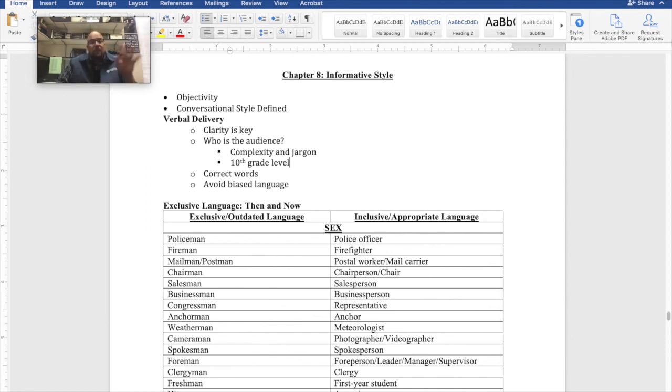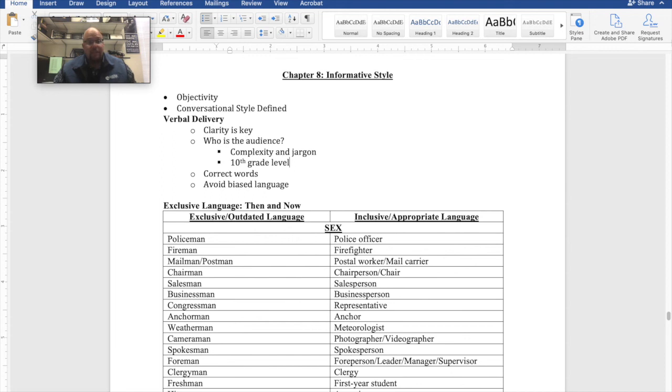So those are the two things to start with. Remain objective, don't persuade us by accident, and be conversational as much as possible, both verbally and nonverbally. Okay, now, when we think about informative style and delivery, there are two things to talk about, verbal and nonverbal. And what you'll notice here is that verbal is pretty short compared to nonverbal.